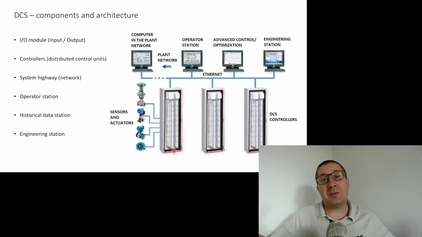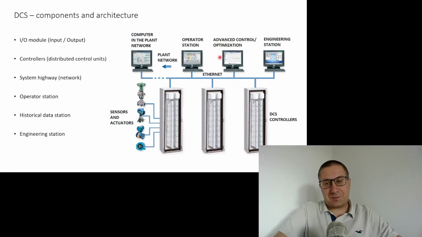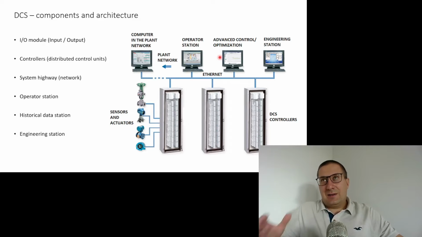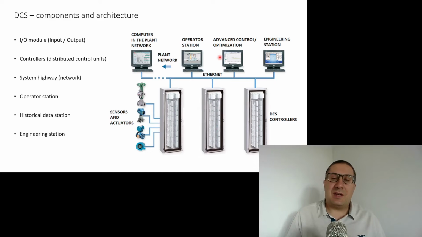I don't know, an automatic billing system, right, or other systems. And of course, our computer or our server, right, where the AI method is installed should also be connected to this network.